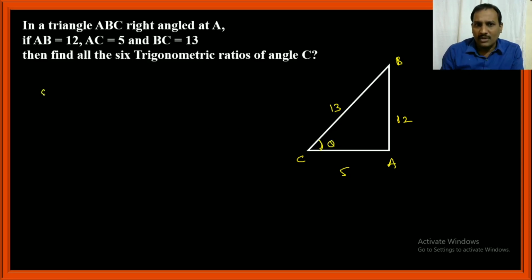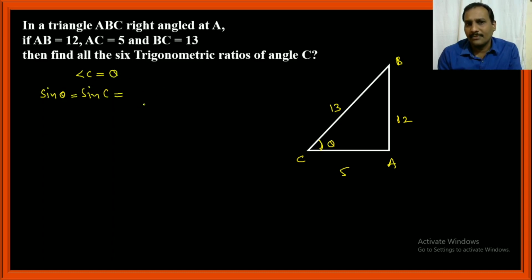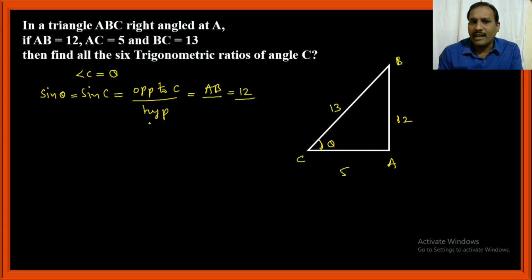Sine C, or sine theta, whatever it is, as I am assuming angle C as theta. Sine C is the opposite side to C by the hypotenuse. That's what we have learned. So the opposite side is AB, that is 12, by the hypotenuse BC, that is 13.